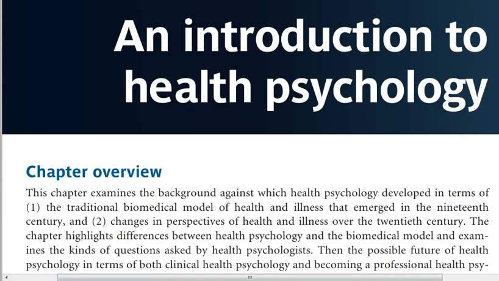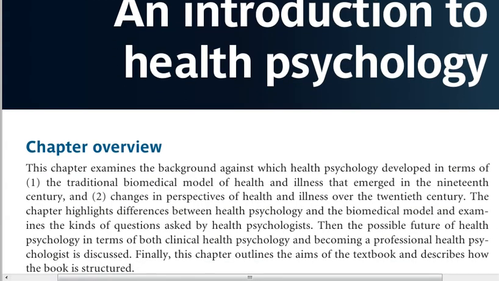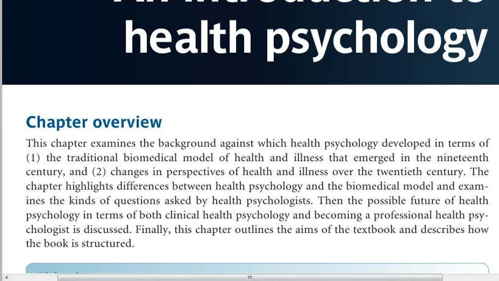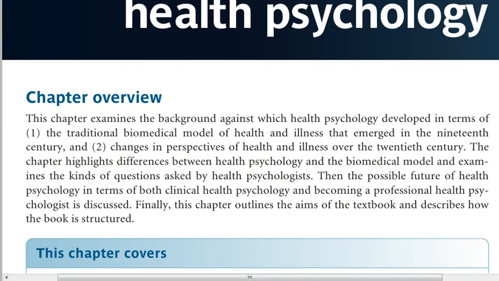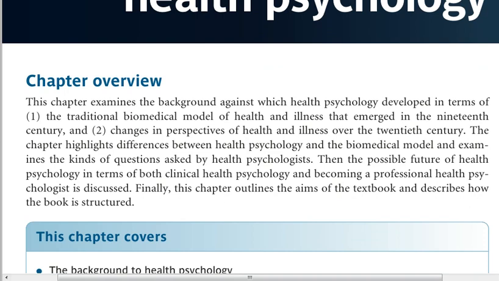Chapter Overview. This chapter examines the background against which health psychology developed in terms of the first, the traditional biomedical model of health and illness that emerged in the 19th century, and the second, changes in perspectives of health and illness over the 20th century.